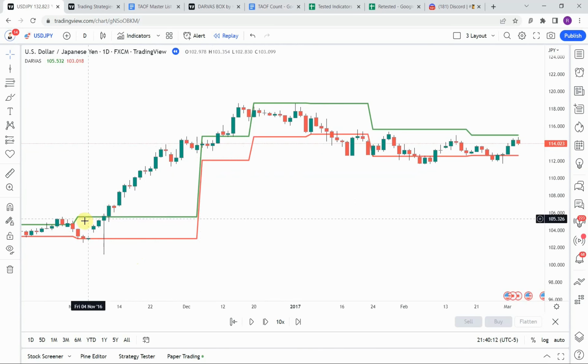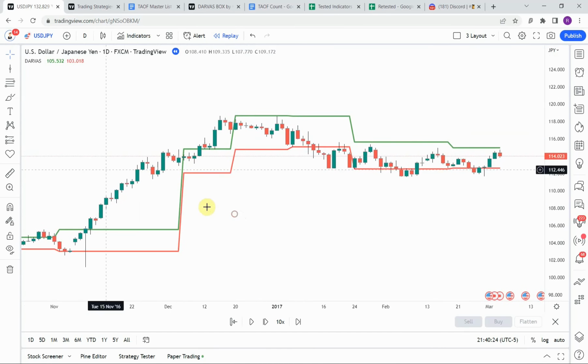That is a signal to go long. And so you can see right here that we get that break above the green line and the close, and then you can see that we get a really nice push to the upside here, and that would have gotten us to our take profit. Then you can see that as price starts to slow down and consolidate and range out a little bit, taking a breather, it then crosses back into the middle of the two lines.